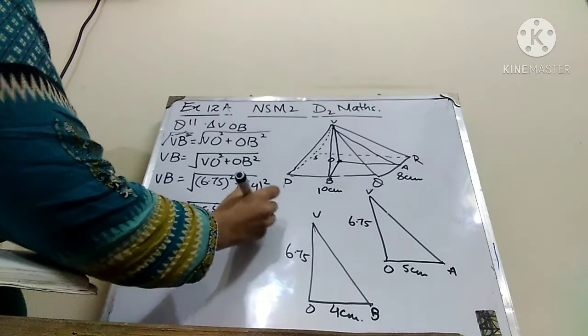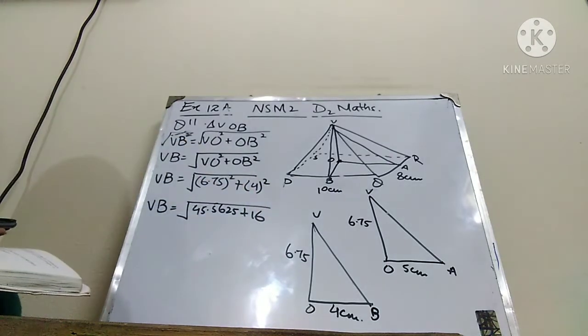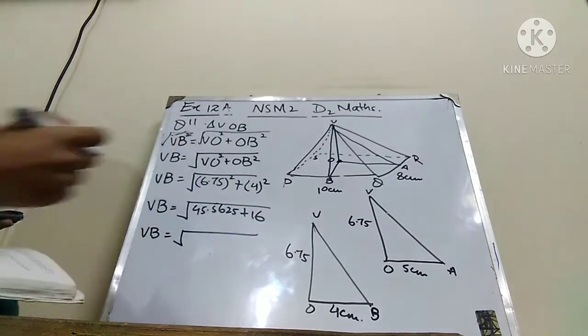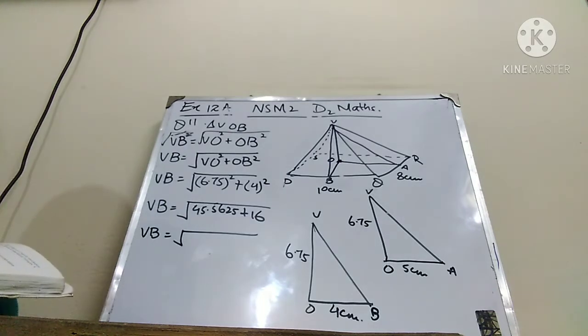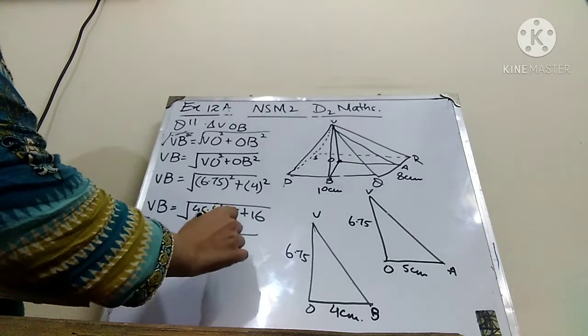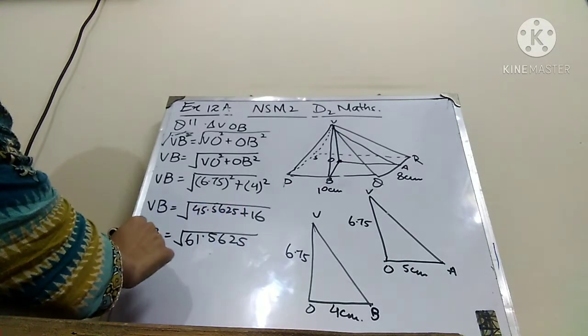And 4 fours are 16. Now I will add 16 to it: 45.5625 plus 16, so your answer will be 61.5625. Now I am going to take the square root of this.